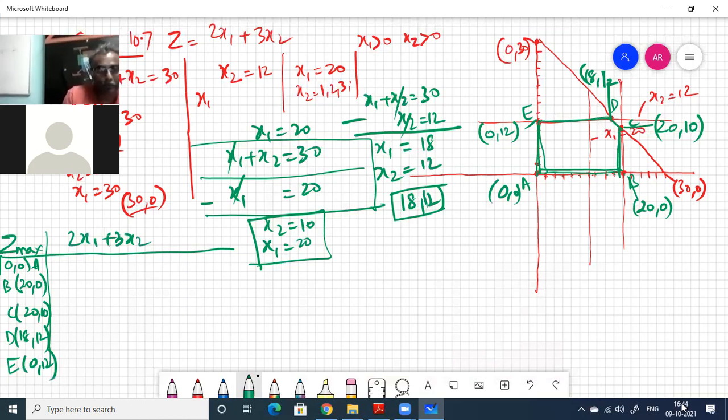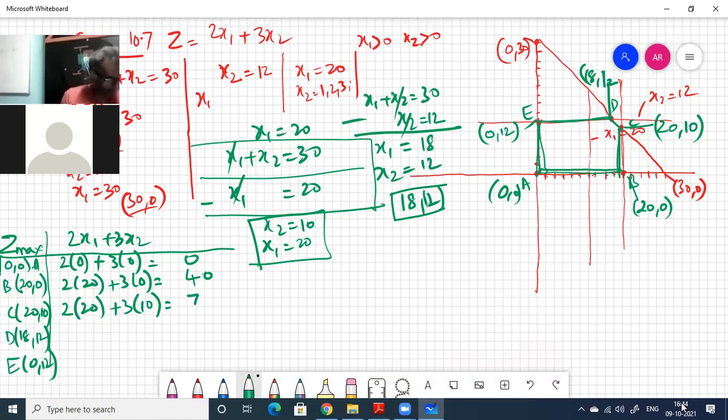Okay. So 2 into 0 plus 3 into 0 is equal to 0. 2 into 20 plus 3 into 0 is equal to 40. Then C is 2 into 20 plus 3 into 10, which is 40 plus 30, 70.